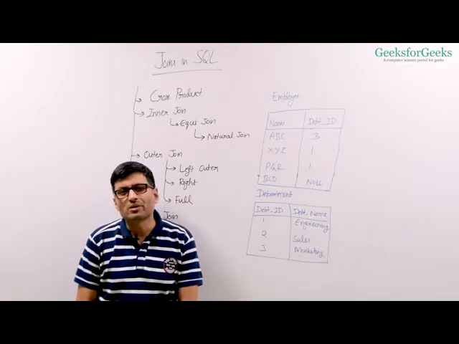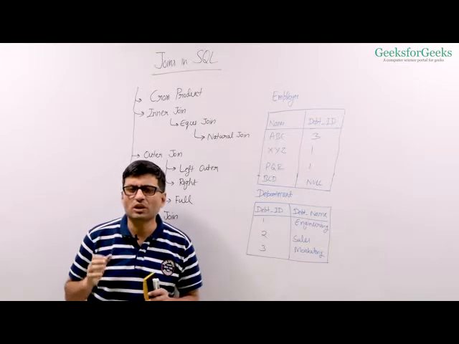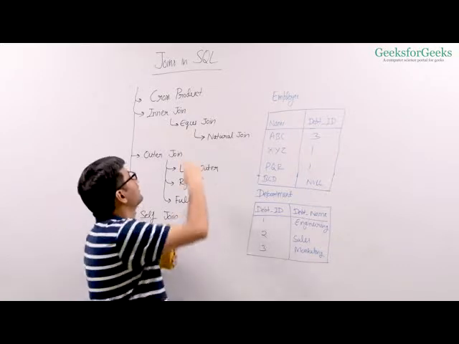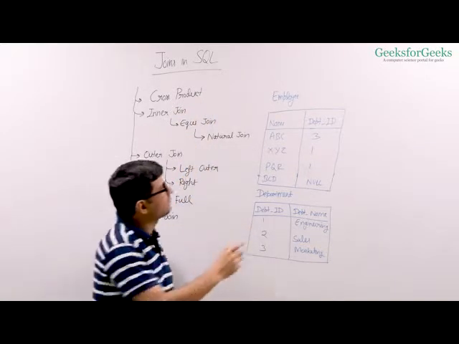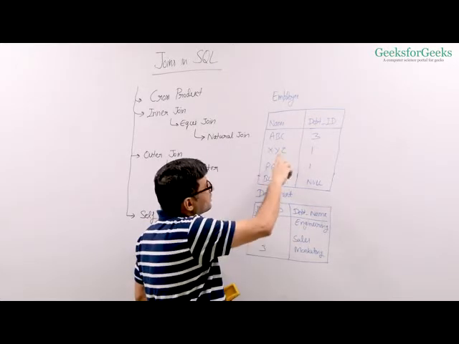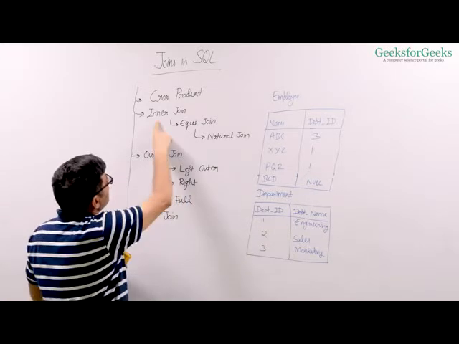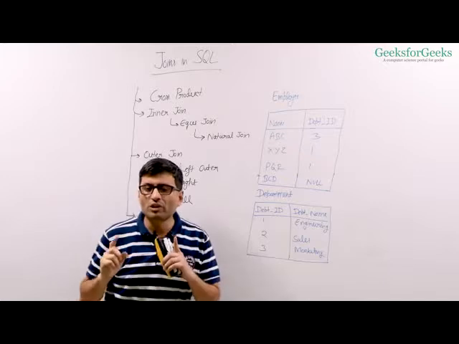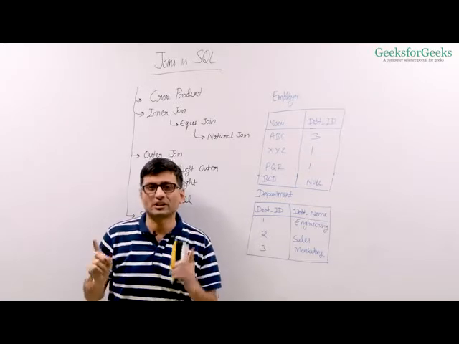Now let us talk about different types of joins. Before I go into detail, let me do a quick overview of these joins so that you get an idea. Cross product is simply the cross product of both the tables. For example, this is the employee table and this is the department table. Cross product is going to have 4 into 3, 12 rows. Inner join is a join where we take only the rows of both the tables which satisfy a given constraint.